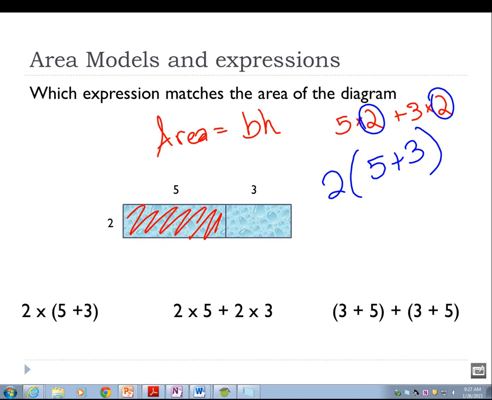No, it doesn't. I would actually like it to be like this, because that multiplication sign looks like just an X. Cool? So it's this one and this one.